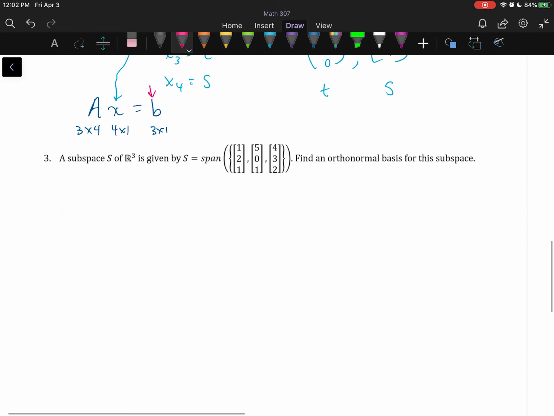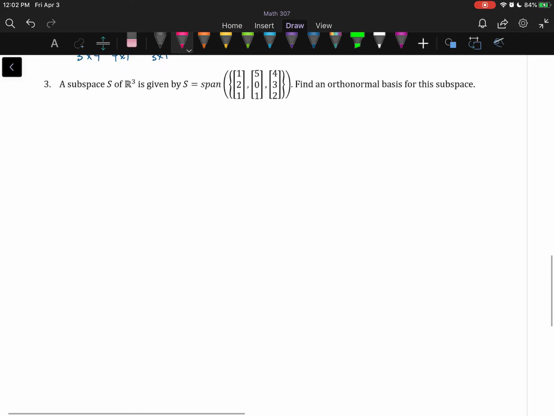Okay? And our last one. Here we have been given, at least, a spanning set for a subspace S. Hopefully these things are linearly independent. It looks like they are.